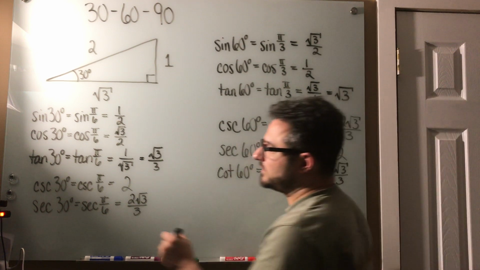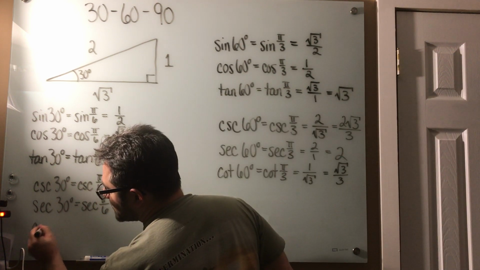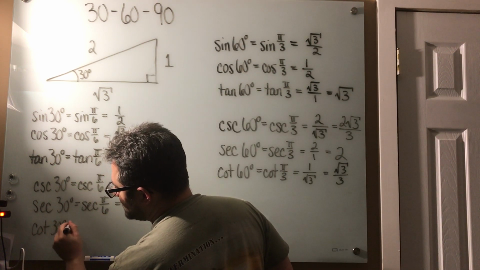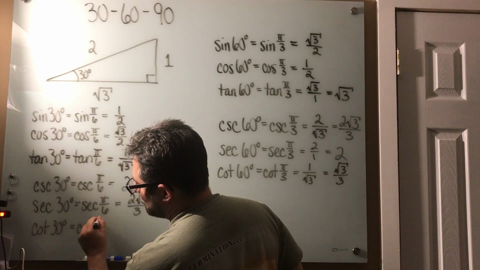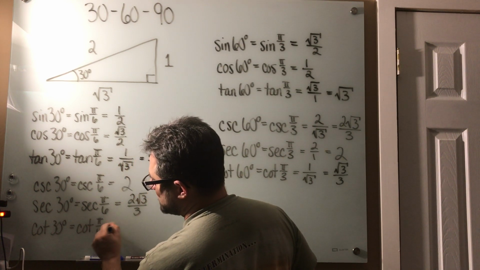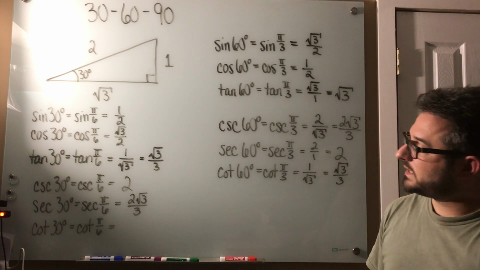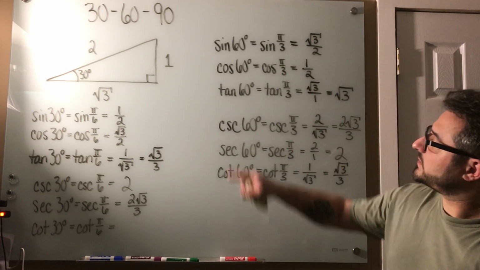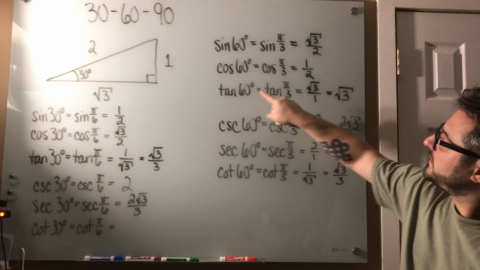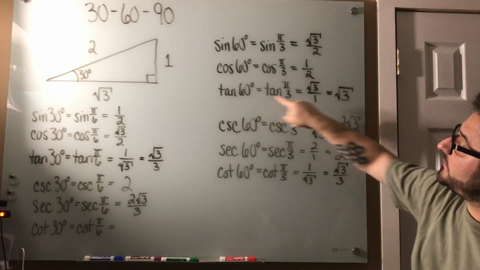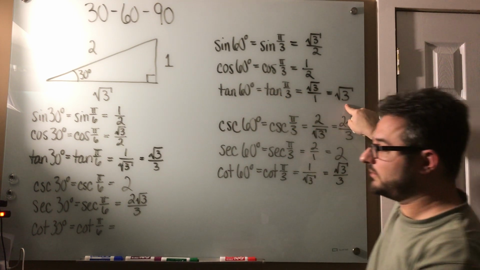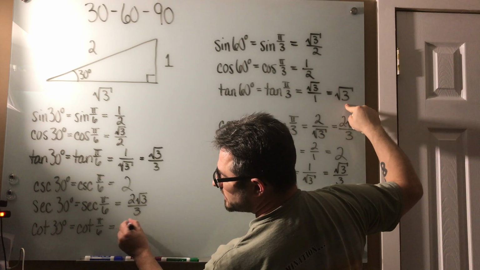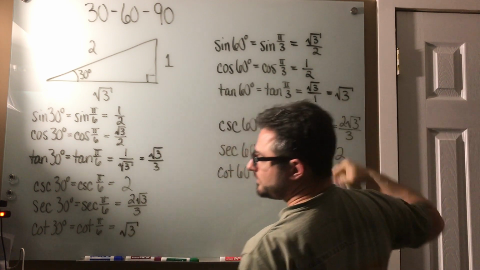And lastly, the cotangent of 30 degrees, or the cotangent of pi over 6 radians. Cotangent is the cofunction to tangent. The tangent of the complementary angle is root 3, so this should be root 3 as well.